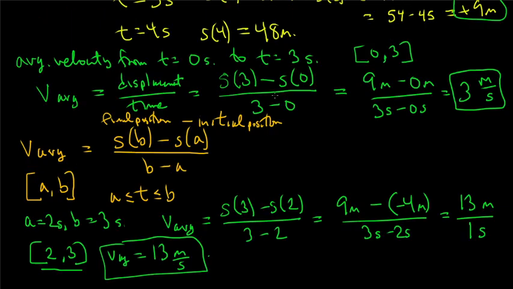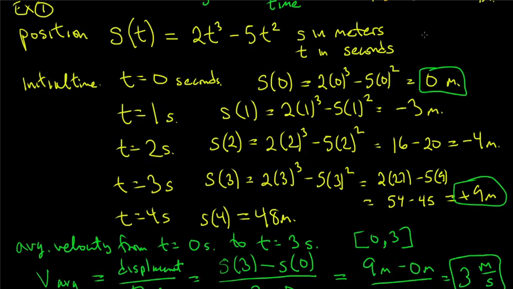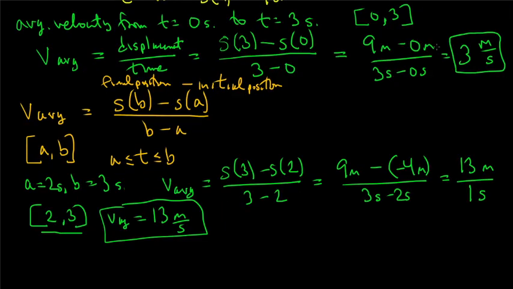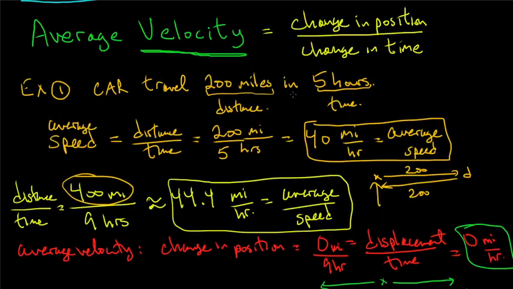What we want to calculate eventually is not the average velocity over an entire journey. We want to know how fast we're going at any given moment in time. In the first example, the car traveling 200 miles in 5 hours has an average velocity of 40 miles per hour for the entire trip.